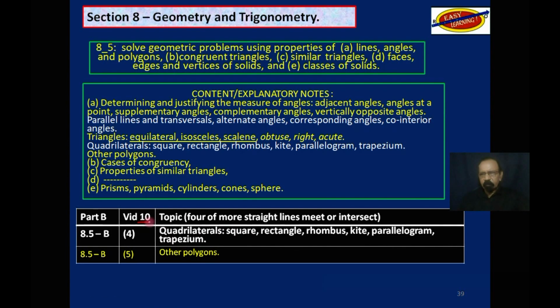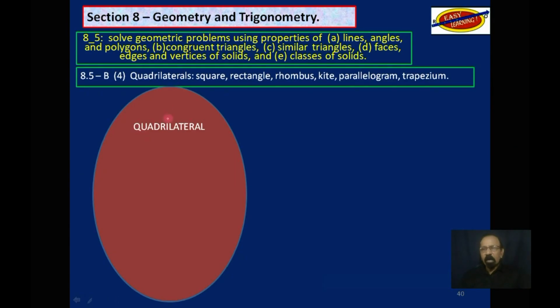So we are here. We begin with this, quadrilaterals, and then we will talk about other polygons for this video. What are quadrilaterals? Well, we know they are flat, four-sided figures. If we consider all quadrilaterals in this ellipse, you have parallelograms, which are quadrilaterals.